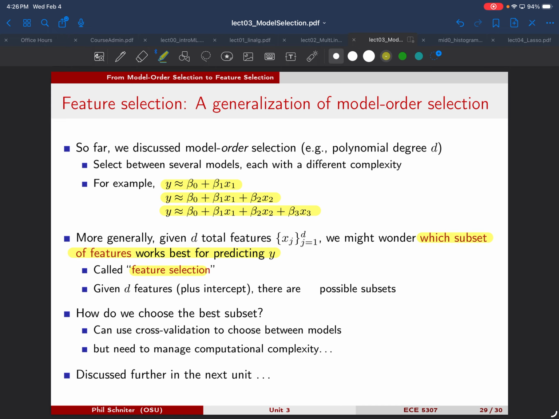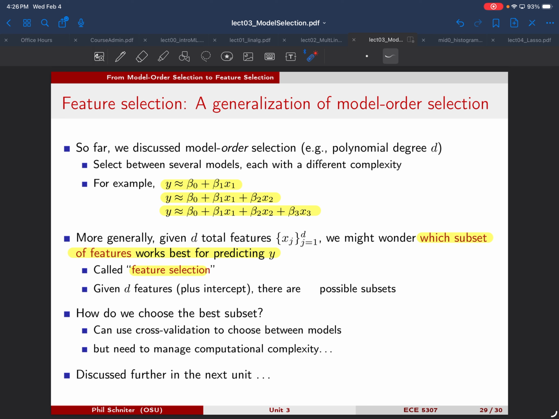For example, you might notice that some of these features are just very noisy. They contain almost no information about the target y. So if you use them for prediction, they will only make your predictions more noisy. They won't actually make them closer to the truth. So that is a motivation to just ignore them completely.